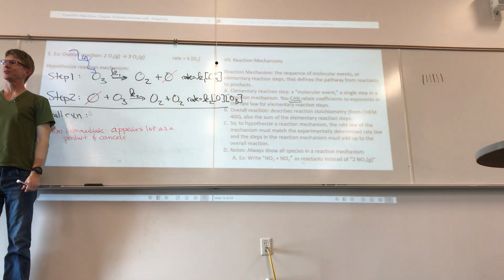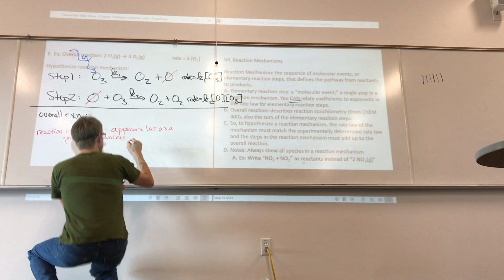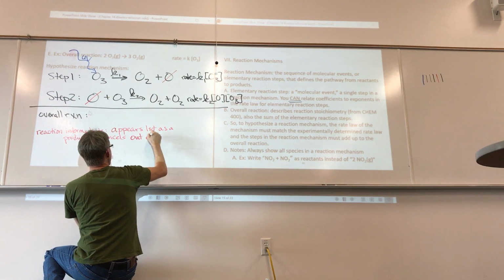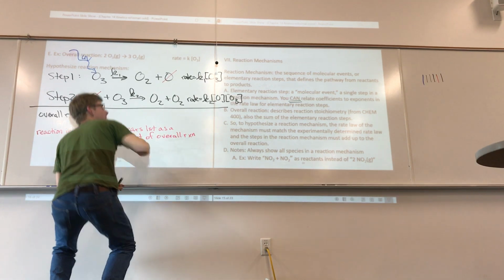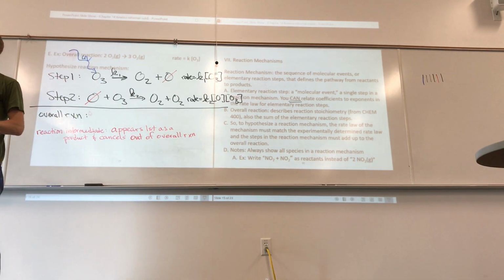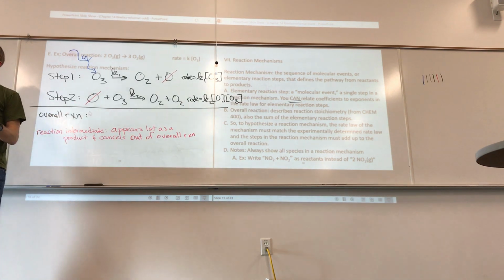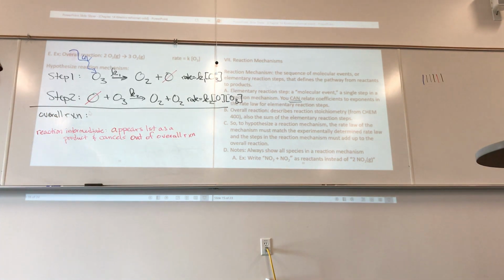And that cancels out of the overall reaction. Now, the other way of looking at it is that the O does not appear at the very beginning. It does not appear at the very end.